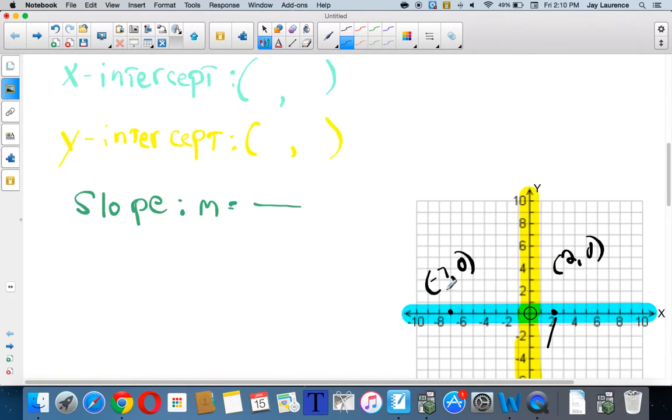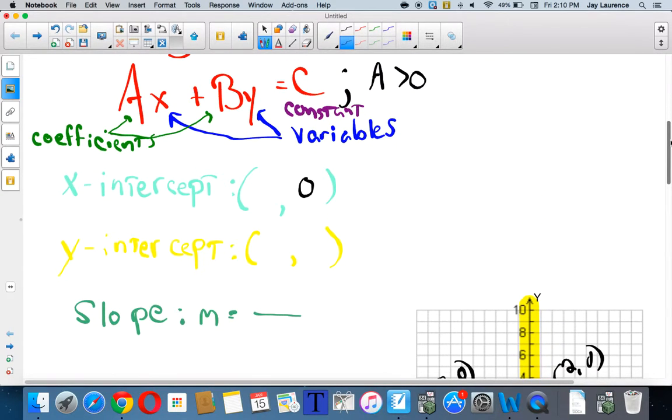Any point on the x-axis is going to have a 0 for the y-coordinate. Now, to figure out where this line in standard form will cross the x-axis, to figure out the x-intercept, I'm going to divide c by a. And it works every time. If I divide c by a, from standard form, I find out where the line crosses the x-axis.